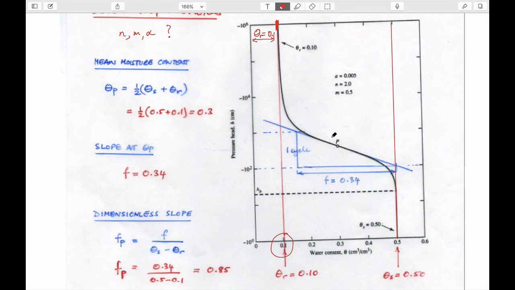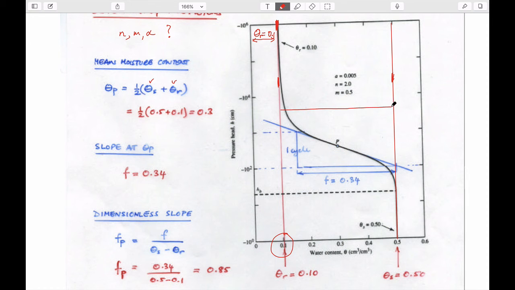Then the recipe is to do this. We define this point here and this point here, and we look for the point that's intermediate between them. So the average between these two is the point that is halfway between.